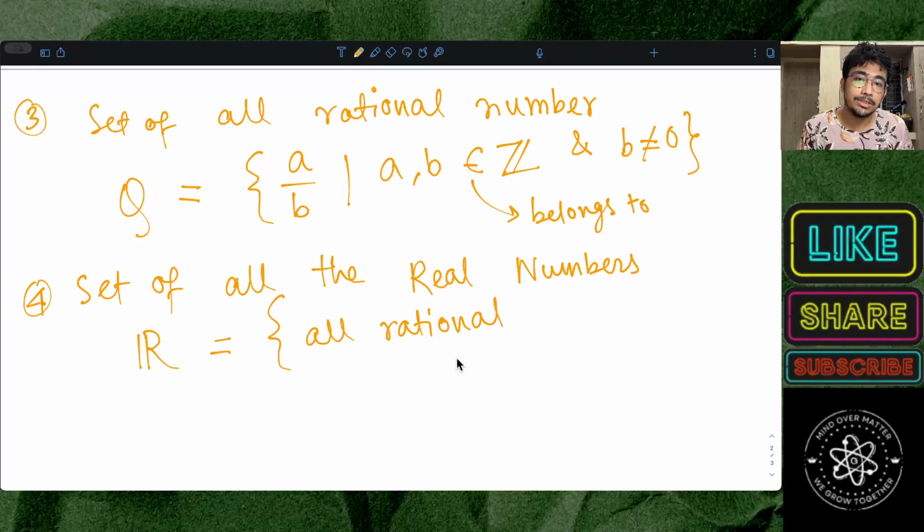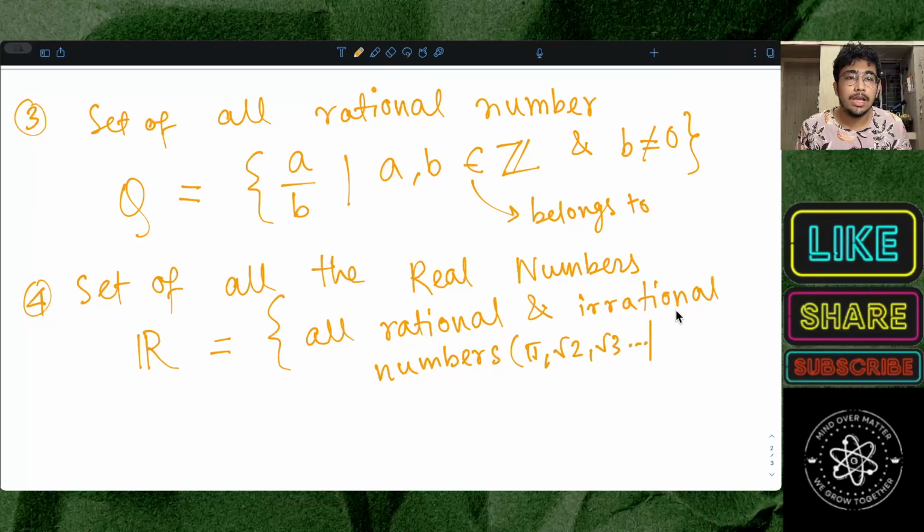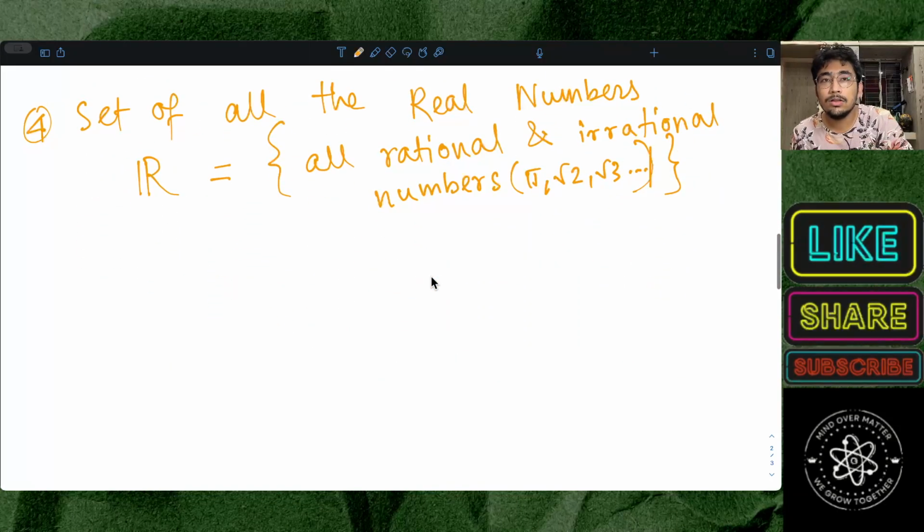Irrational numbers are the numbers that cannot be written in the form a by b. Examples of irrational numbers are pi, root over 2, root over 3, etc. And this is the set of all real numbers.